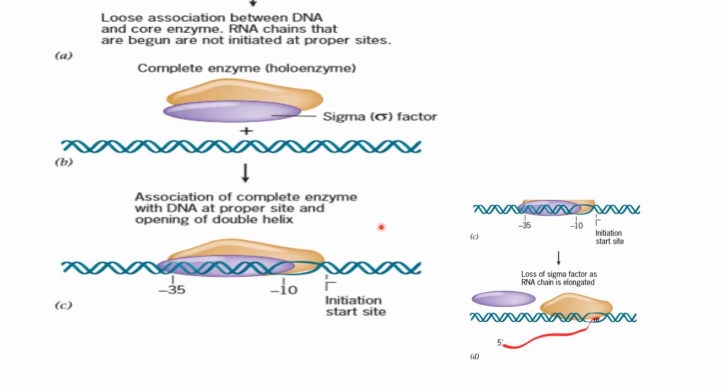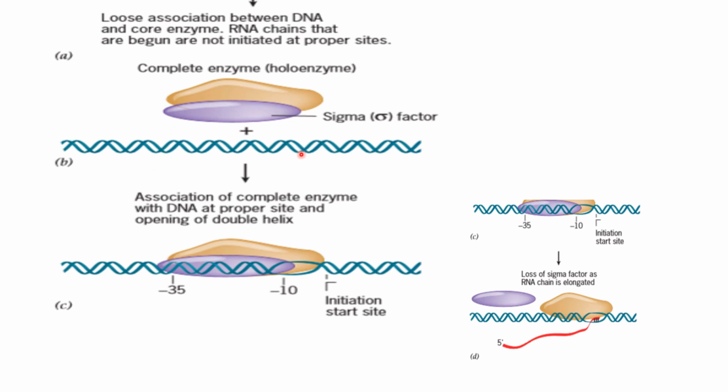Now let us see this diagram of the association between the holoenzyme, the sigma factor, and the DNA double helix. And again, remember, because it is talking about a sigma factor, it has to be a prokaryotic RNA polymerase. Now, this is the DNA double helix.